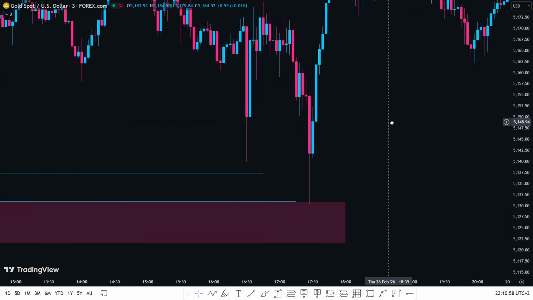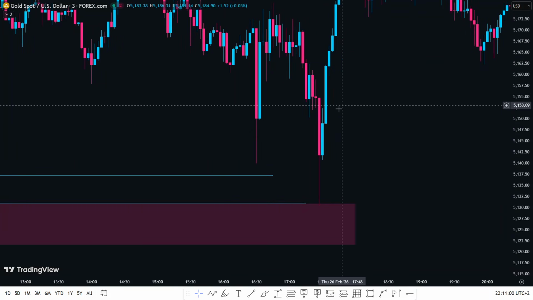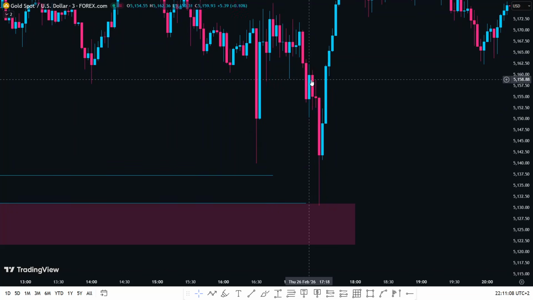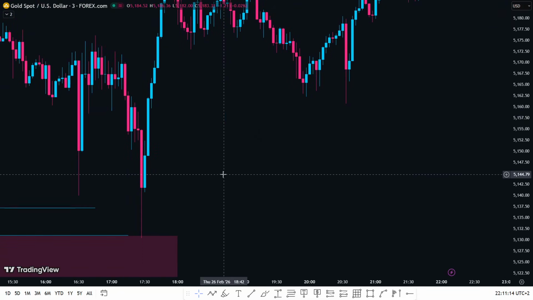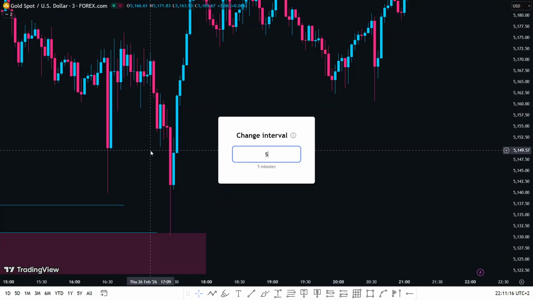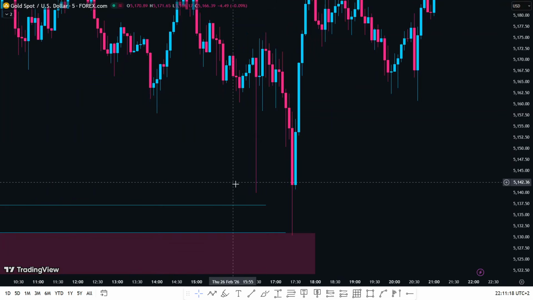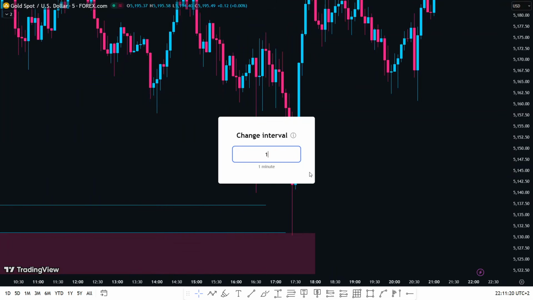But we had a change of character right here and also a retest of this resistance, which broke from support. I wouldn't be too comfortable from here, like from the M5 engulfing candle, engulfing on the M15.